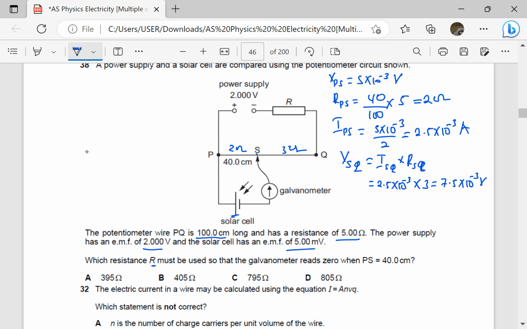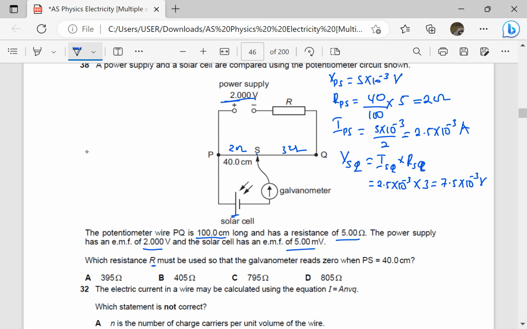Now we can find the PD across R. Note that the total EMF is 2. I know the PD across PS. I know the PD across SQ as 7.5 millivolts.